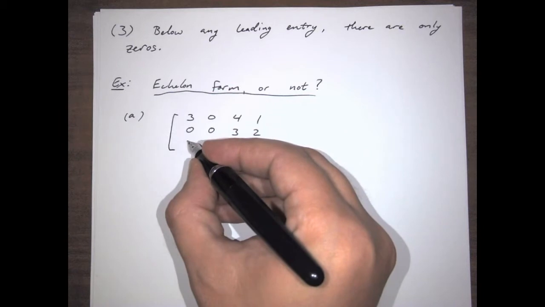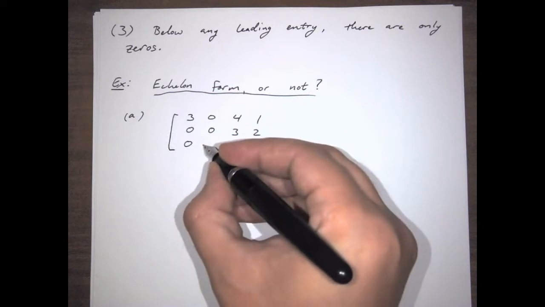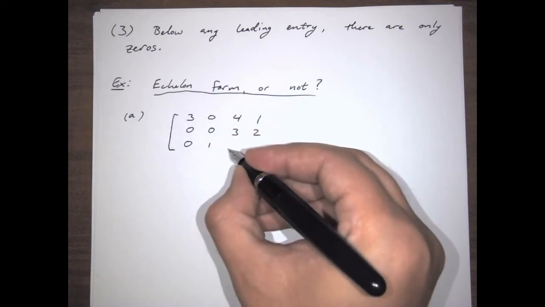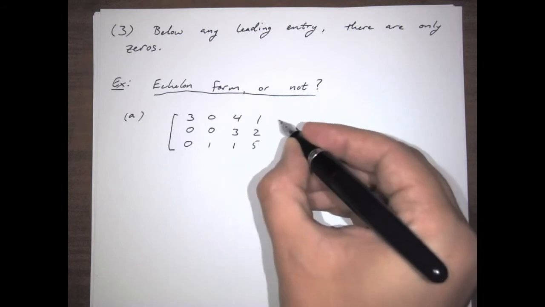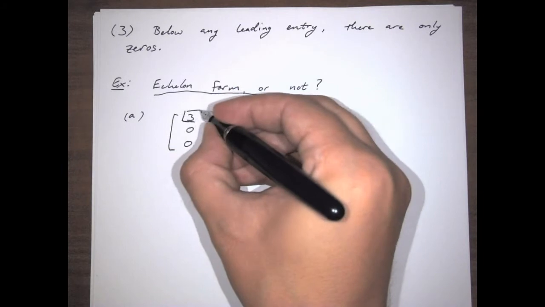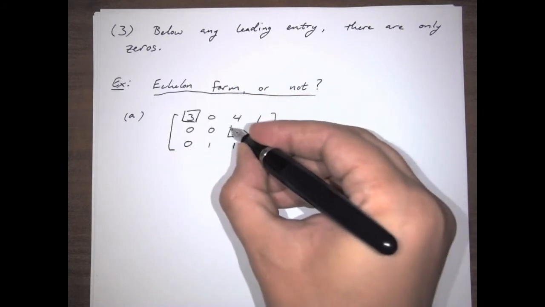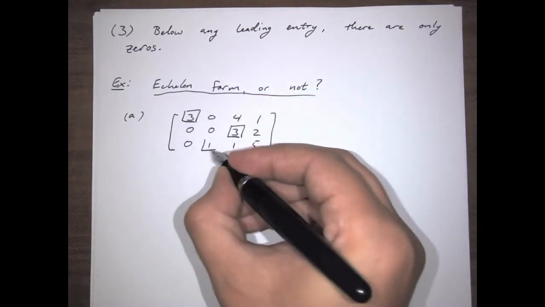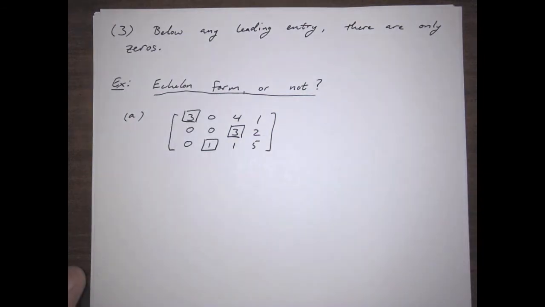However, if there was one more row and it was something like this, 0, 1, 1, 5, then if we look at where all the leading entries are, and we can indicate those just by putting a little box around them, these are the leading entries.